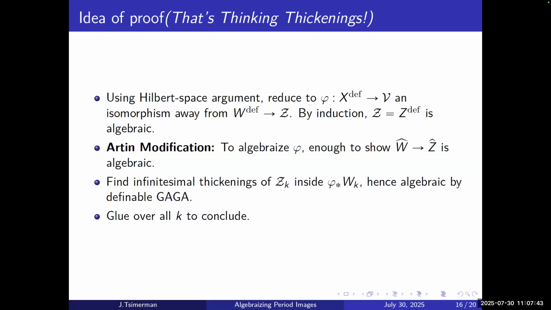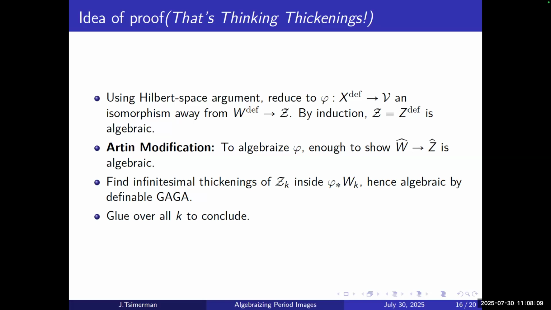Okay. And so what you have to do is, well, by induction, you know that this W to Z, because there's smaller dimension, that in itself is algebraizable, by the theorem we're proving. What you have to do is show that the map on all thickenings, W_k to Z_k, for appropriate definitions of those thickenings, are also algebraic. So you have to find some sort of algebraic structure on the a priori analytic thickening.